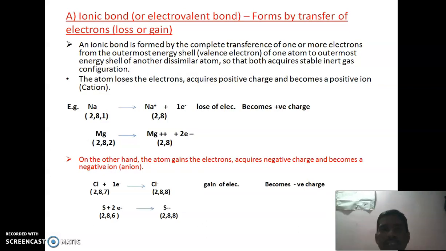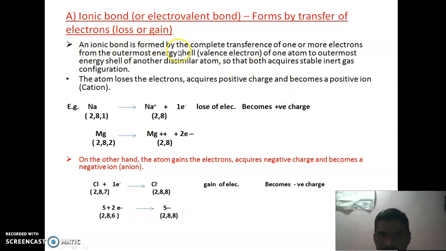Now see the first type, the ionic bond or electrovalent bond. An electrovalent compound, or ionic compound, is formed by transfer of electrons, that is, loss or gain of electrons.